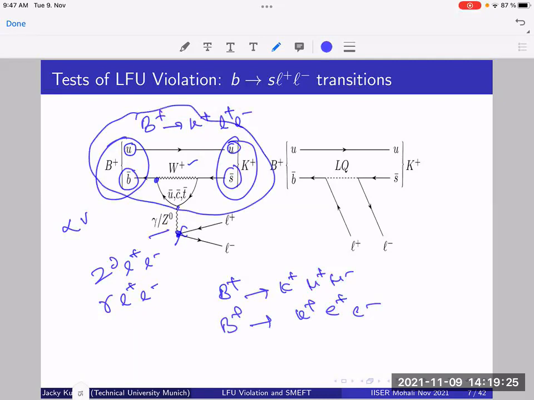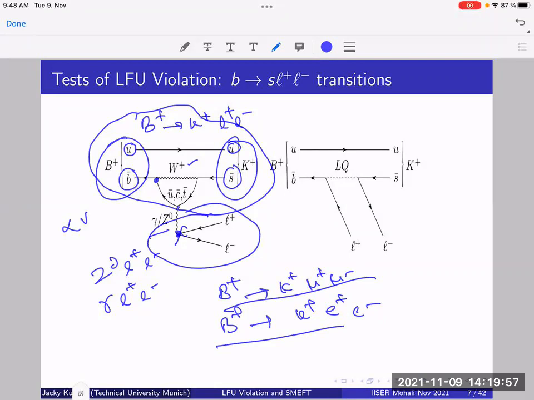The only difference that you see in this diagram is this part. Okay, only the leptons are different. We have different leptons in the final state. But if the interaction strength is the same, as we saw in the standard model, then we expect these branching ratios to be exactly the same in the experiment. Okay, so this is one way to test it. You can have other modes, but this is one of the ways to test it.